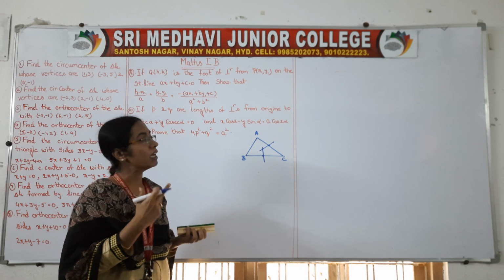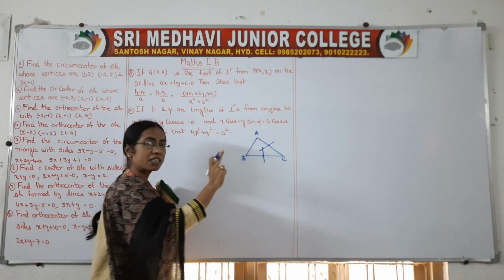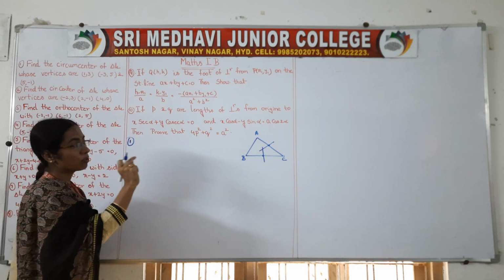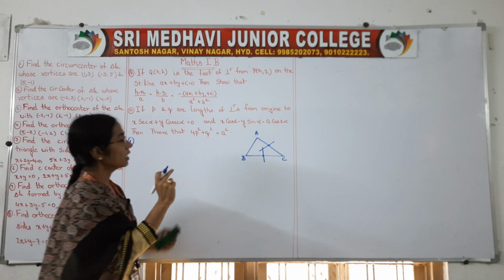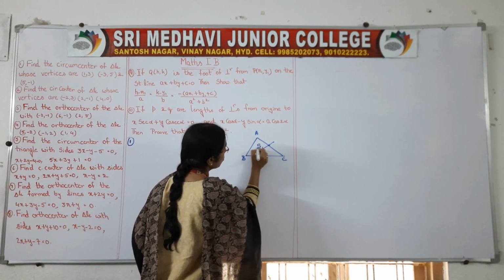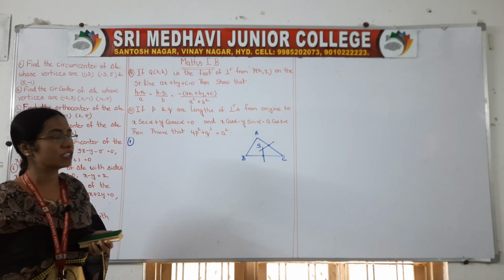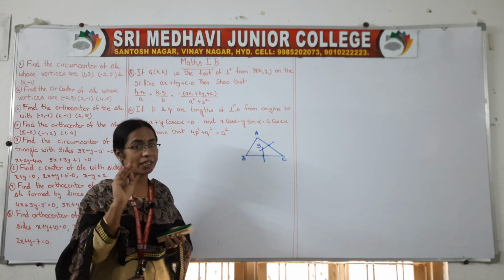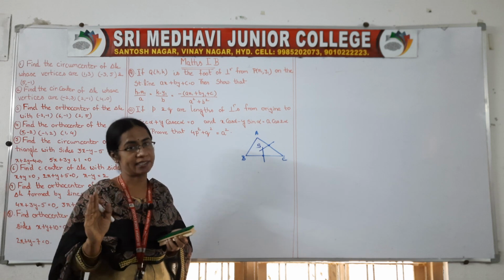Here the question is, the three vertices A, B, C of the triangle are given to you. We have to find the circumcenter of the triangle, which is denoted by S. Circumcenter is the point of intersection of the perpendicular bisectors of the sides.